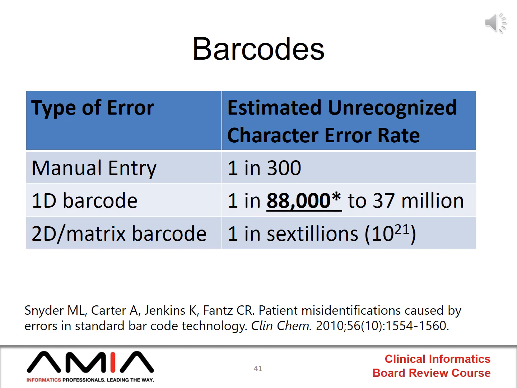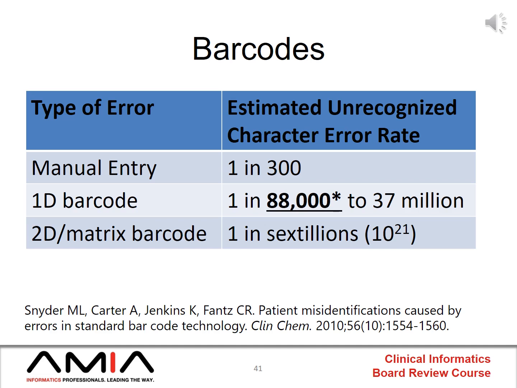In addition, if you read the theoretical substitution error rates for linear or one-dimensional barcodes, you'll note that the mathematical estimation is 1 error for every 2.7 to 37 million scans. Because the error rate is mathematical, it doesn't take into account damage that can occur to a barcode after it has been printed or even before it has been printed by printer pin misfires.